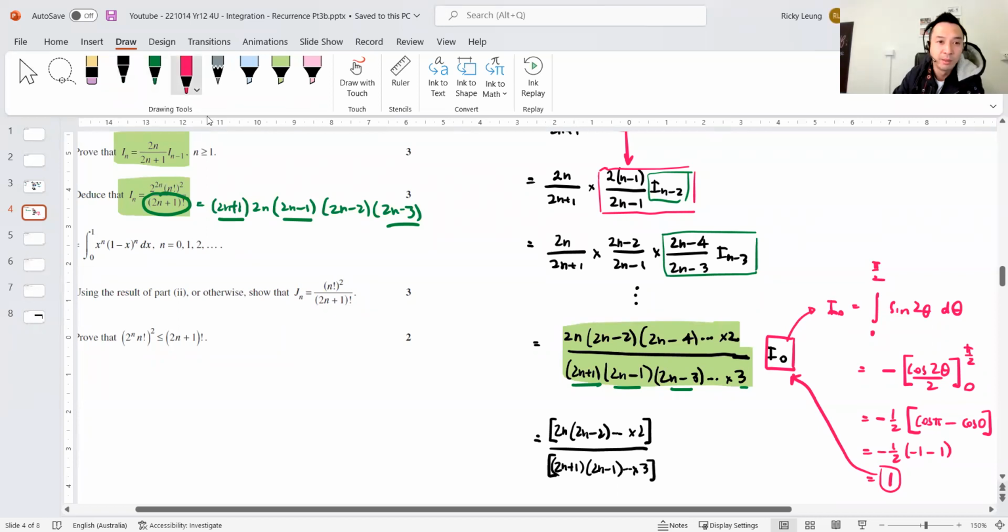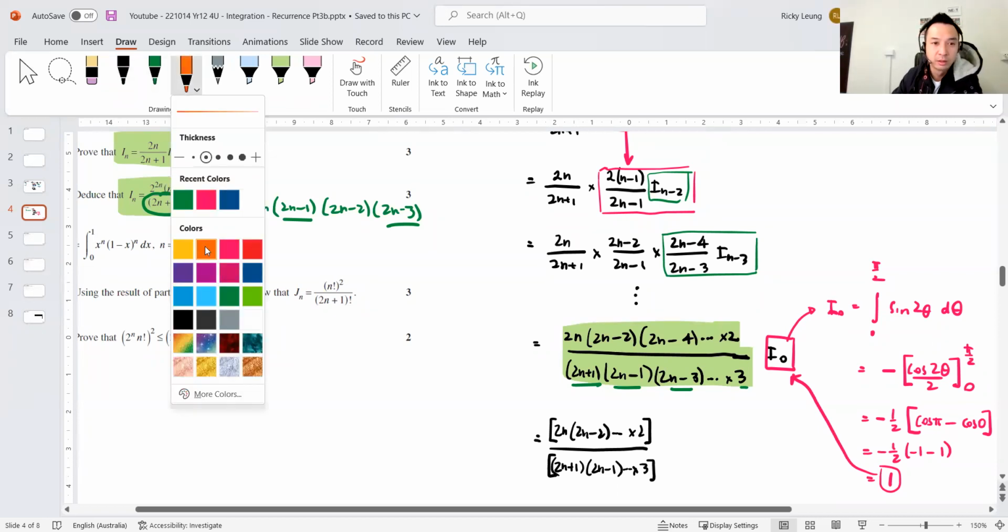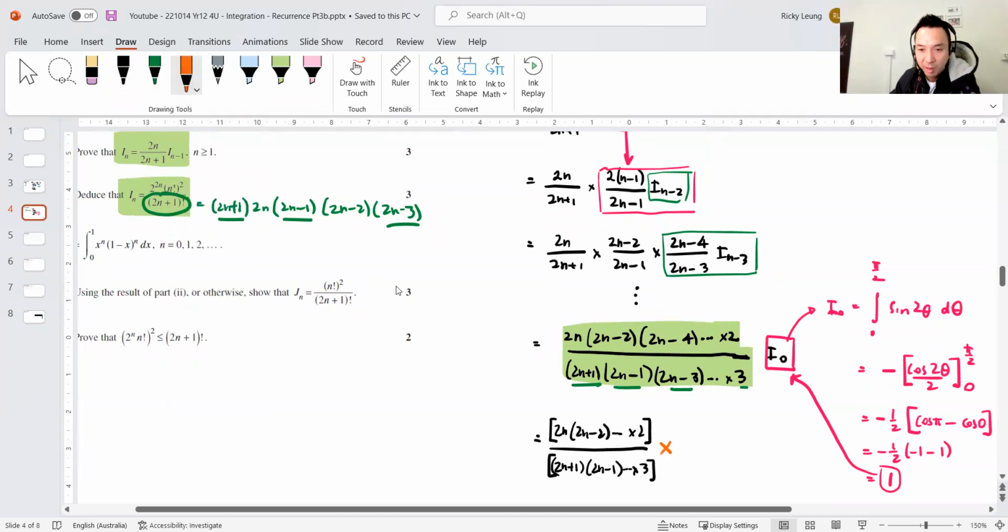Guys, I'm going to multiply top and bottom by the same thing as this guy, by 2n minus 2, all the way down to 2, the even numbers, because the bottom already has the odds. 2n minus 2, dot, dot, dot, times 2.